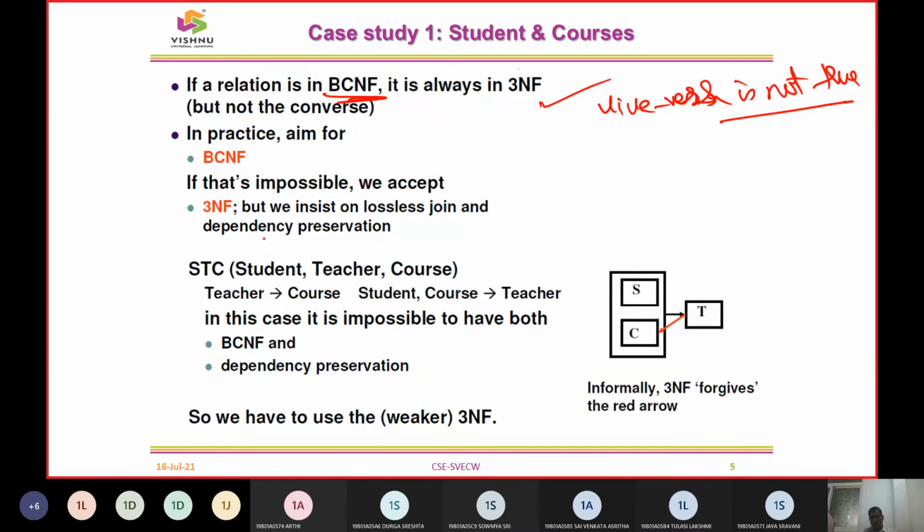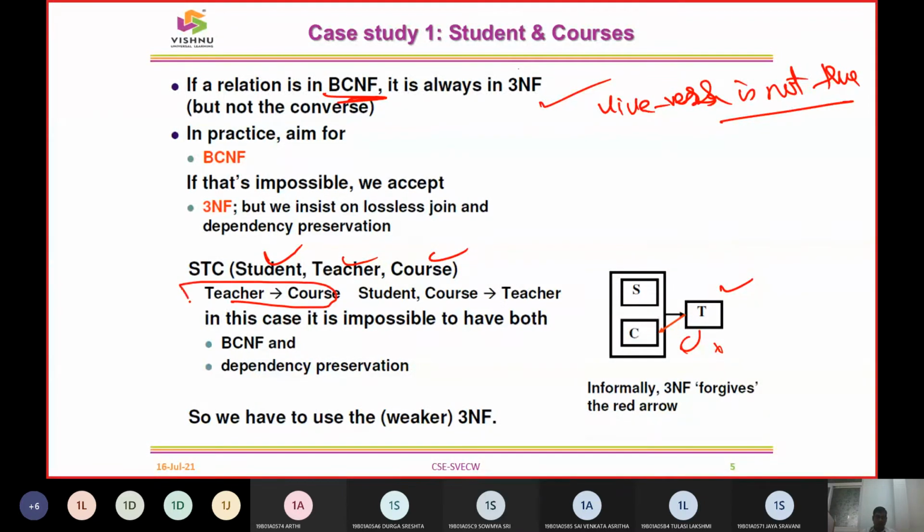Because what we made, the student and course, they are related to the teacher, and teacher and student, we made it. But teacher and course, there is no direct relationship, because a teacher can teach multiple courses. So it is not directly related to the student and course. Therefore, teacher, student and course, we have the things in the relation.